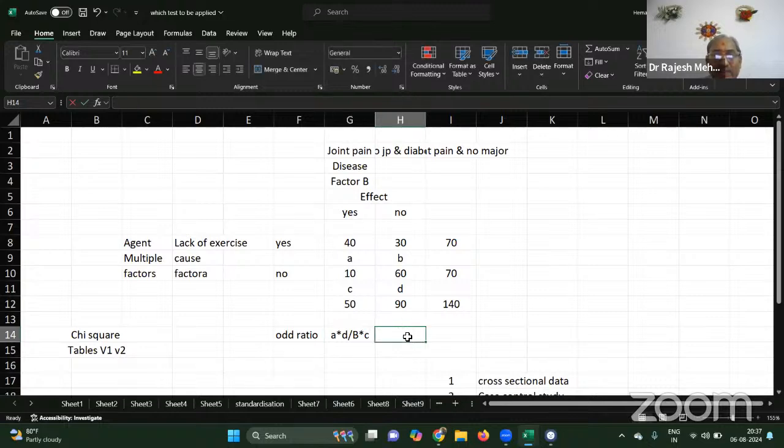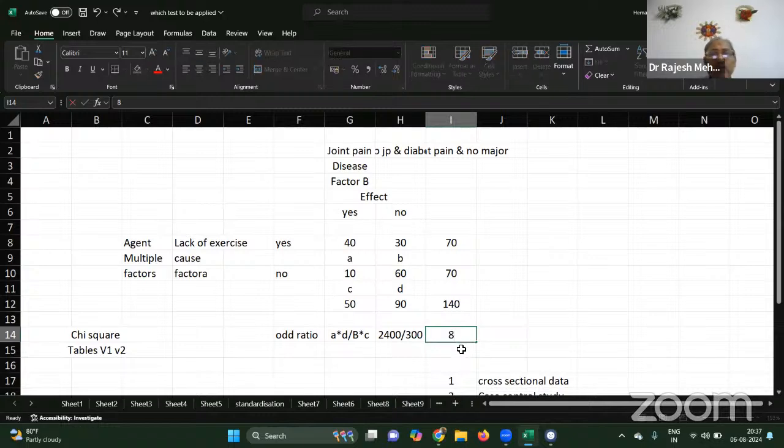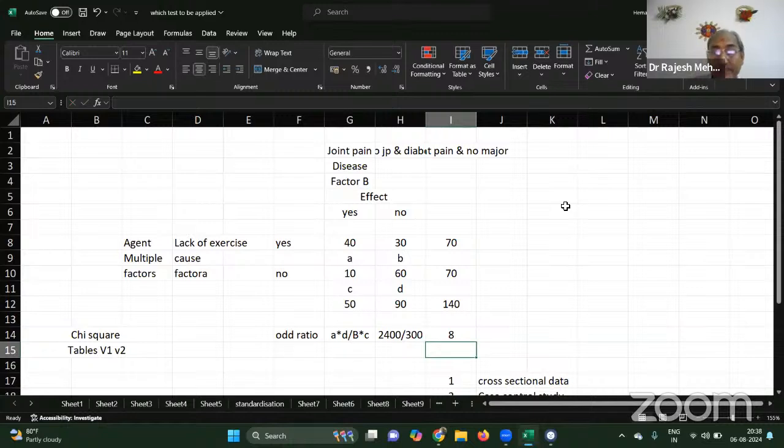In this case, it will be 2,400 divided by 300. So roughly it is around 8. You cannot say that exactly 8 times it was higher, but the more exposed people are having more disease, that you can conclude.